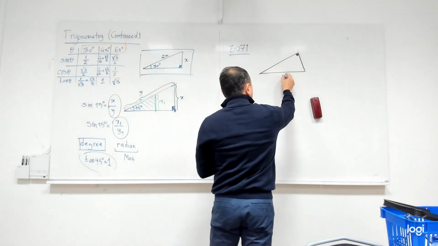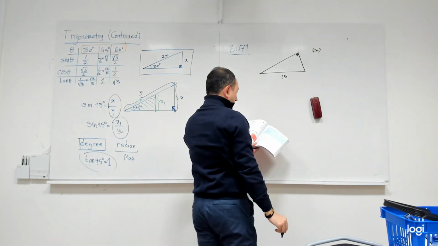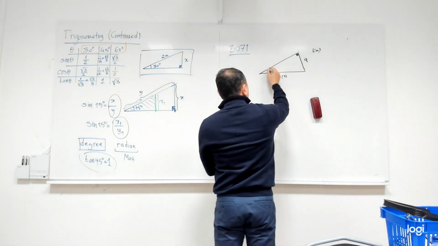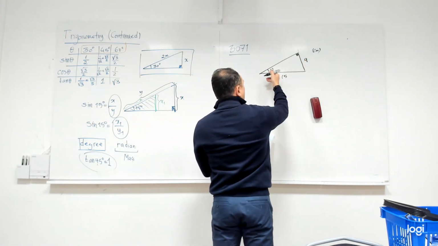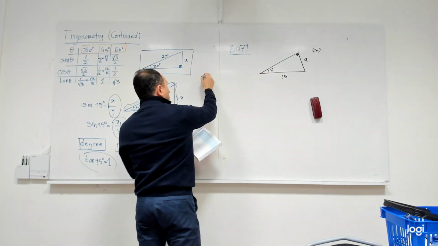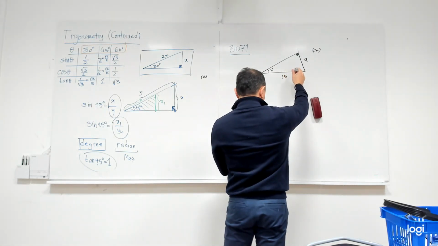So I put 15 here. Everything is in centimeters, for example. And then this one is 9. And this angle is given to be V, or nu. Actually, I don't know which one they mean. This is the Greek letter nu. Yes? And then this is also 12.